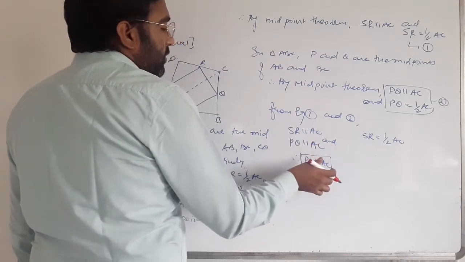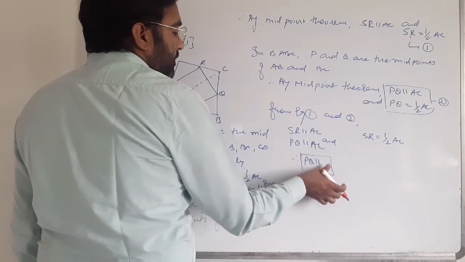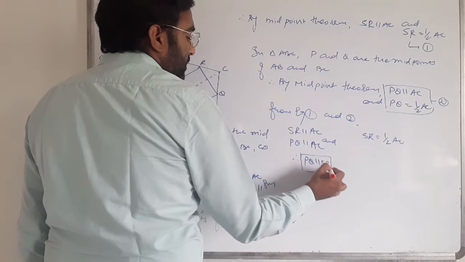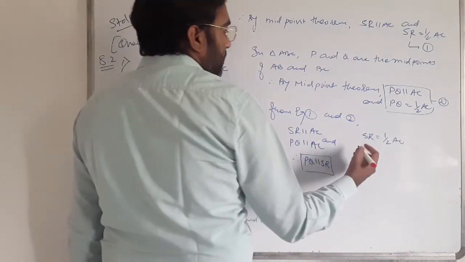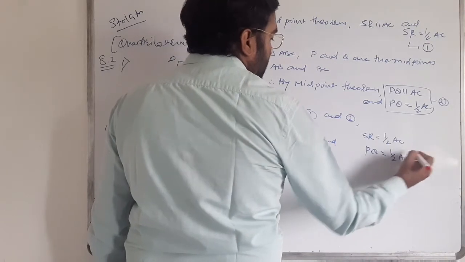So therefore PQ is parallel to SR, and here we also have that PQ is equal to half of AC.